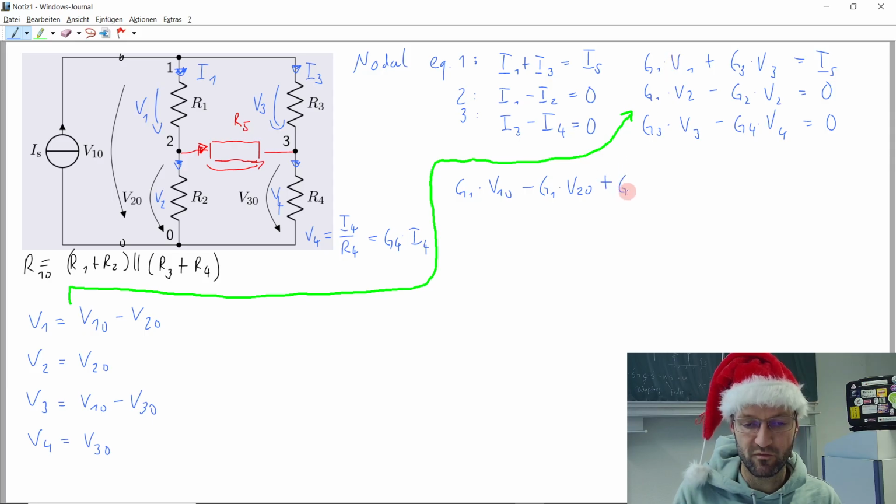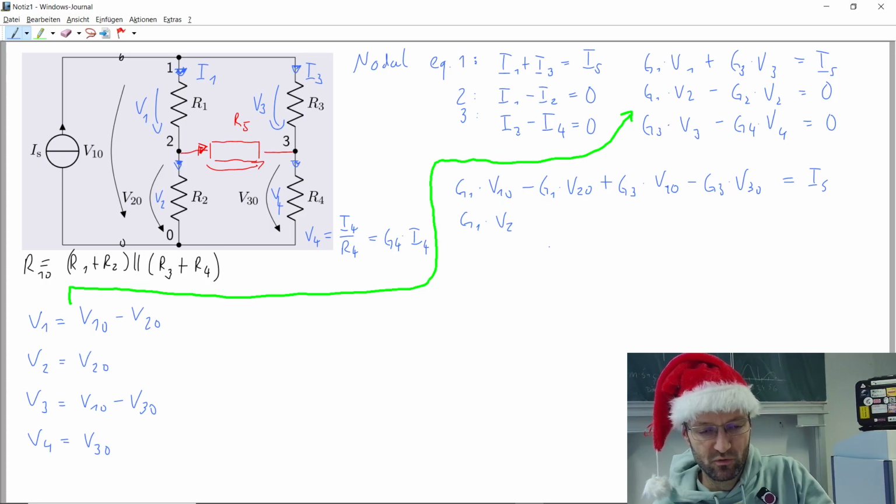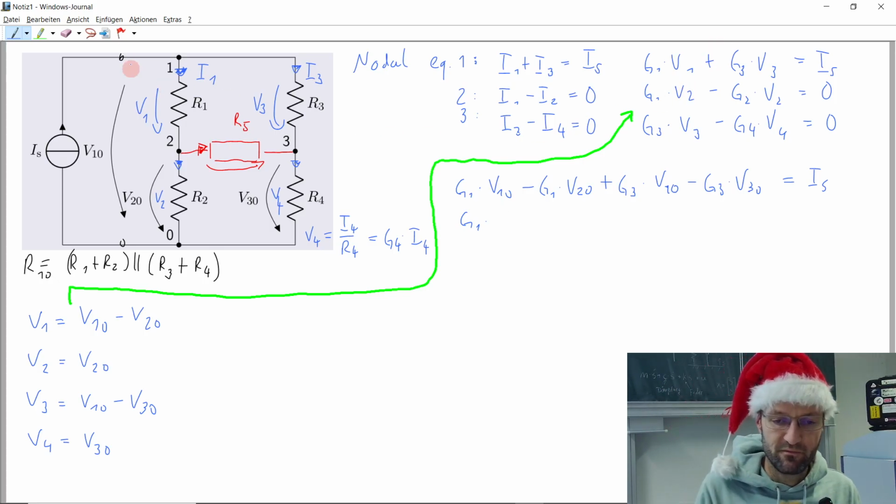So then we have plus G3 multiplied with this one here, so V10 minus G3 times V30 still equals the source. So then we can take a look at the second equation, G1 times V20 minus G2 times, oh no, this was, this should be V1 here, right?